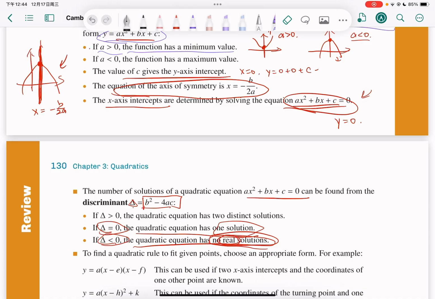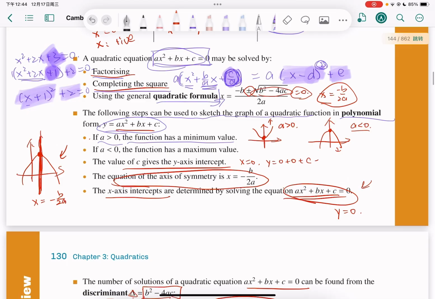And normally when delta is greater than 0, we have 2 distinct solutions, because if this part is greater than 0, then this plus and minus sign takes effect on the number of solutions. You can have a +1 and a -1, so that's 2 solutions.